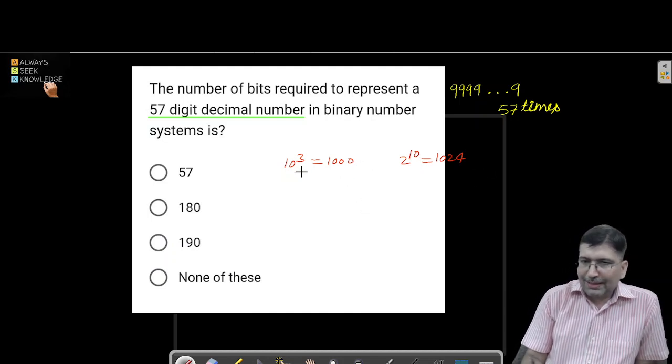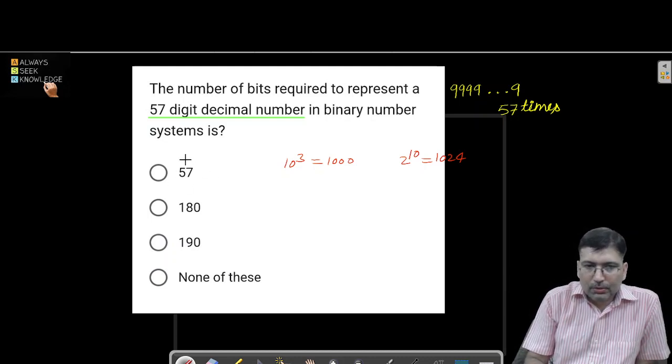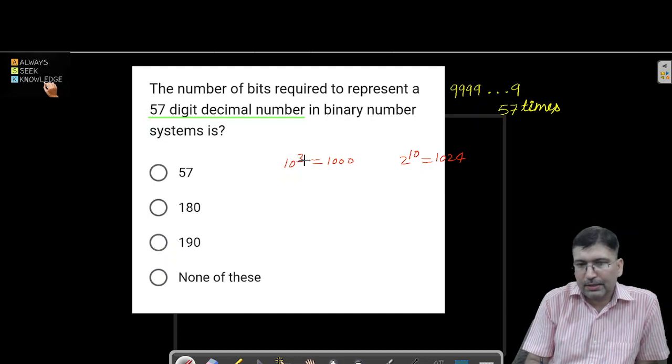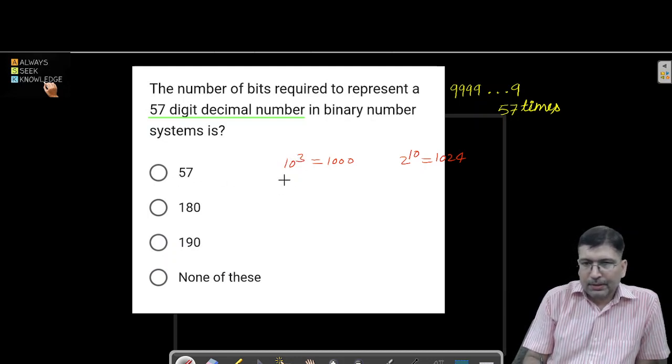If we compare like this in terms of number of digits, then in order to get 57 digits, you have to multiply this particular thing 19 times, because 19 times 3 is 57.